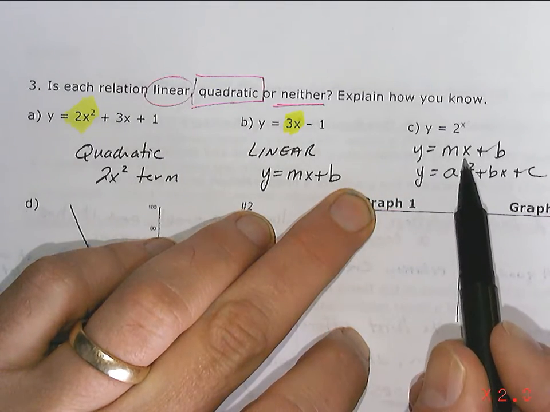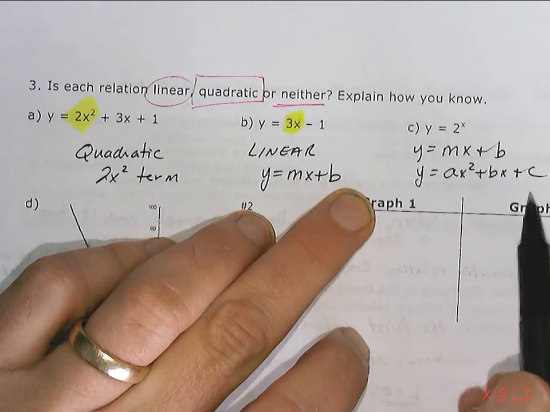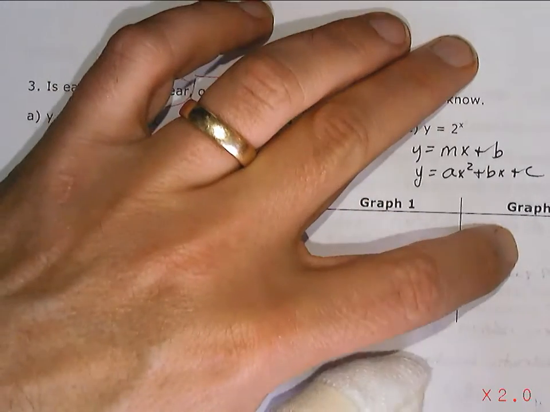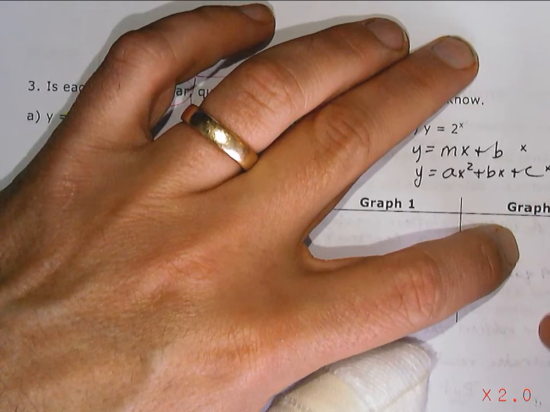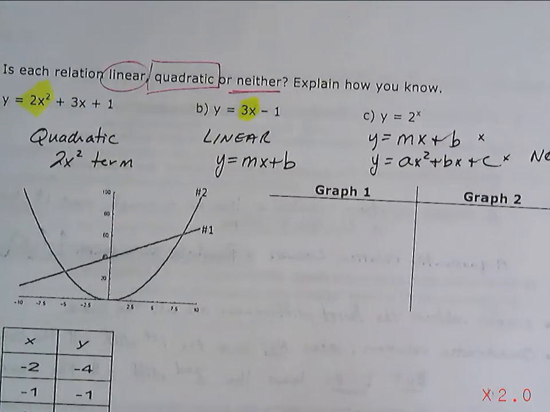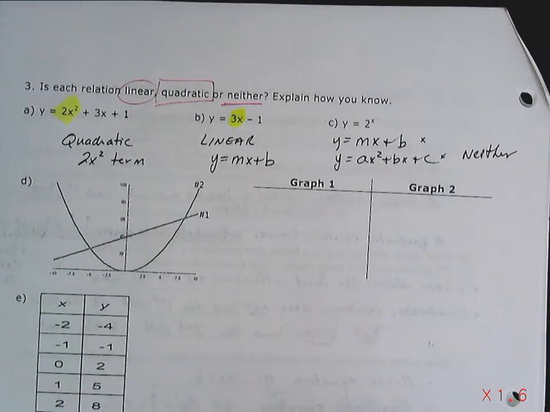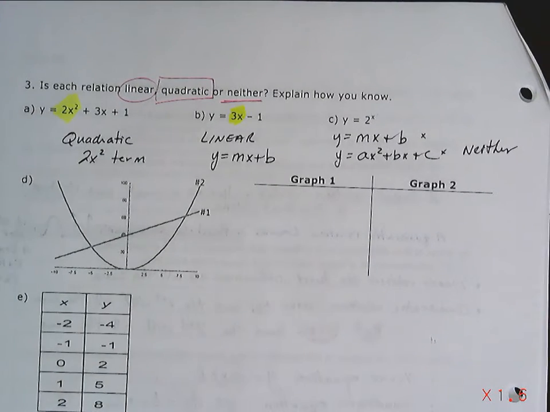It doesn't look like this one. So it's not linear. It's not quadratic. We better call it neither. And that one is neither quadratic nor linear. It's in fact going to be exponential, but we'll talk about that in grade 11.